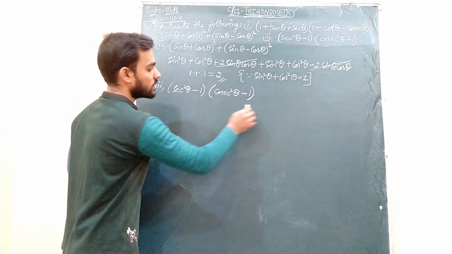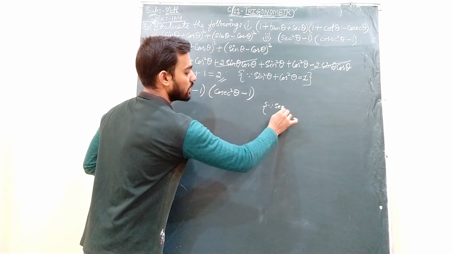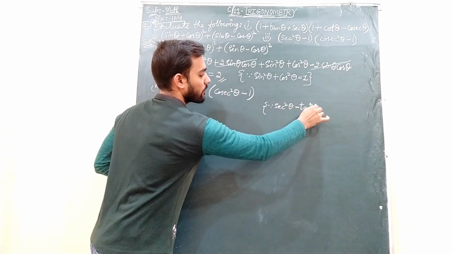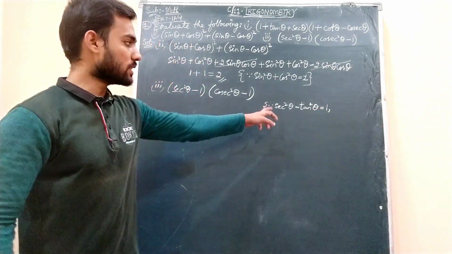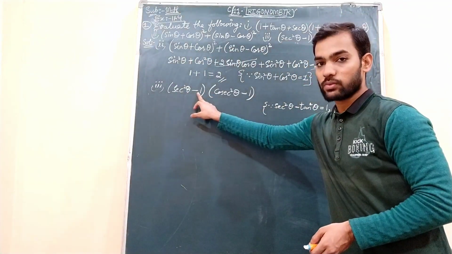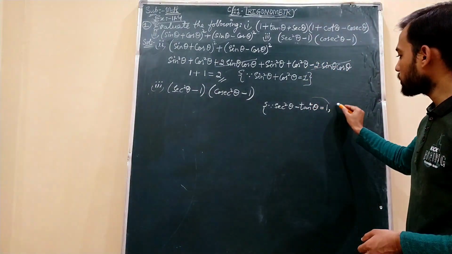Because this secant square theta, we have the identity right, secant square theta minus tan square theta equals 1. Okay, so this identity, using this, we want secant square theta minus 1 value, right? So what I will do, I will take this 1 this side, transpose over here.